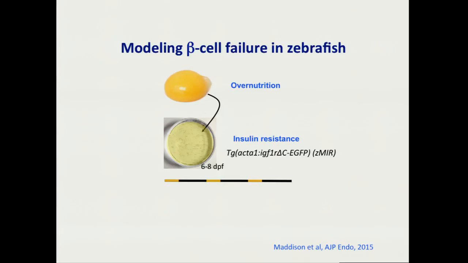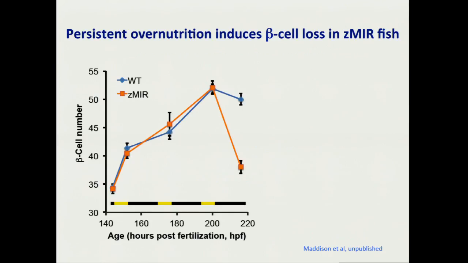If you treat those fish in the same way, but for 3 days, so 8 hours in the daylight, and put them into nutrient-free conditions overnight, and do that for 3 days, we see the compensation and the beta cell phenotype very nicely.